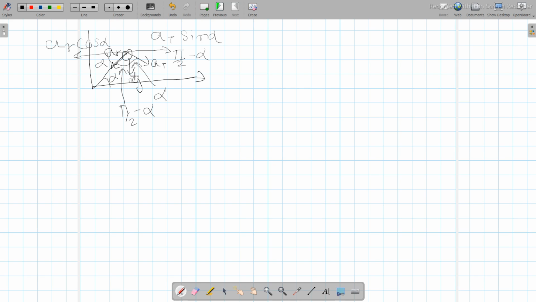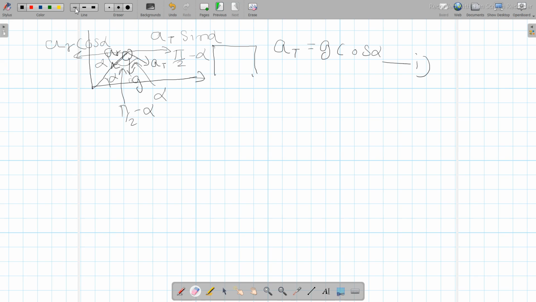And if we decompose g, this is also angle alpha, so its value along at will be g cos alpha. So at is equal to g cos alpha, first equation.